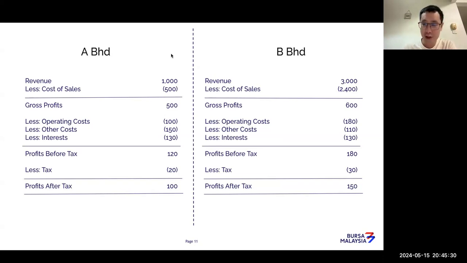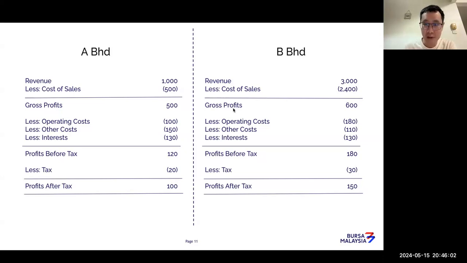Now, focus on the screen right now. Here, I would like you to see A Berhad. So net profit margin is profit after tax, which is 100 over here, divide by revenue, which is 1,000. 100 divided by 1,000 times 100%.